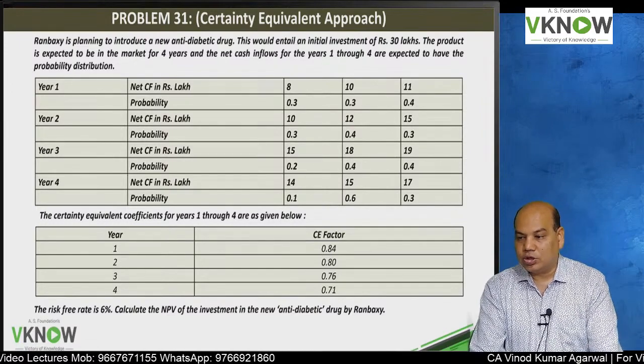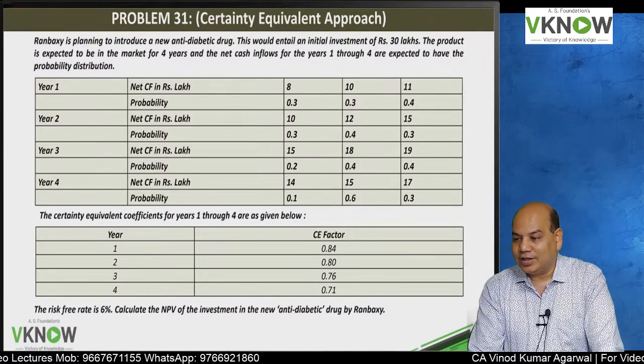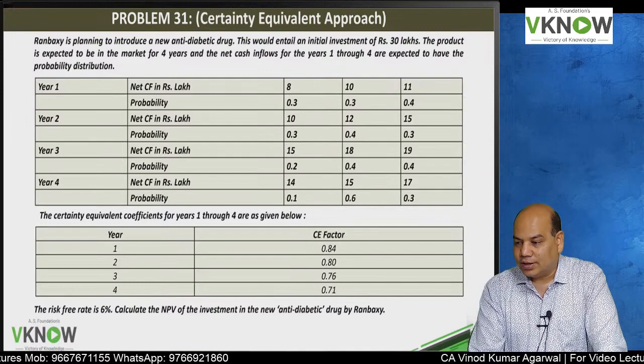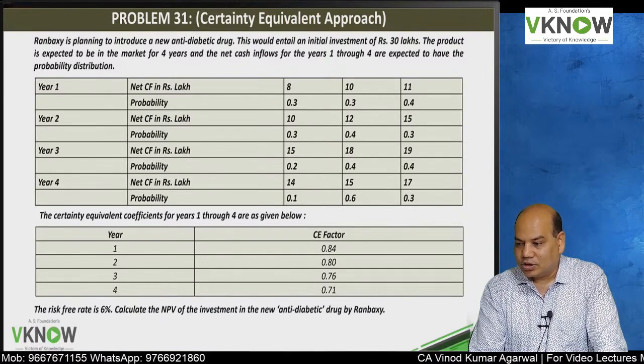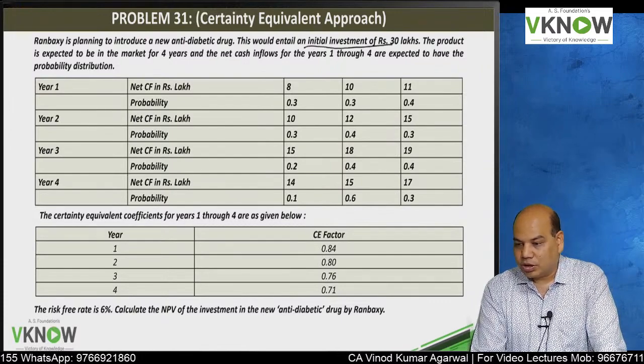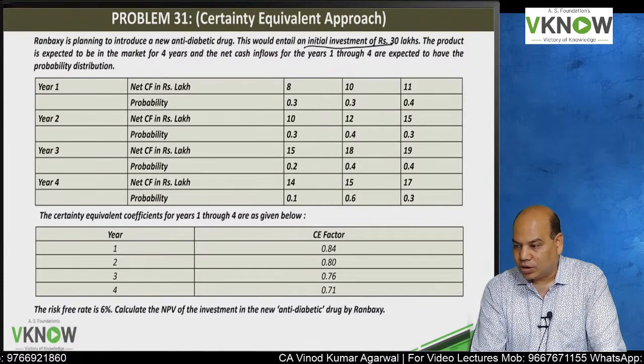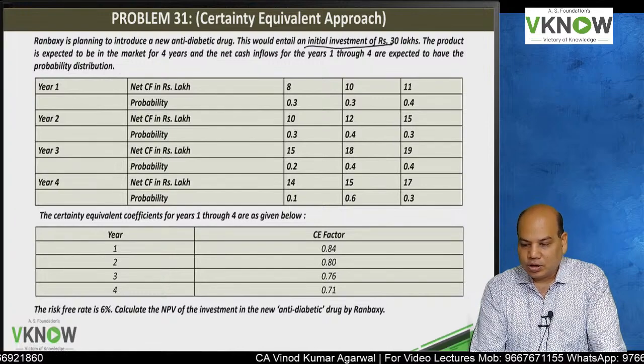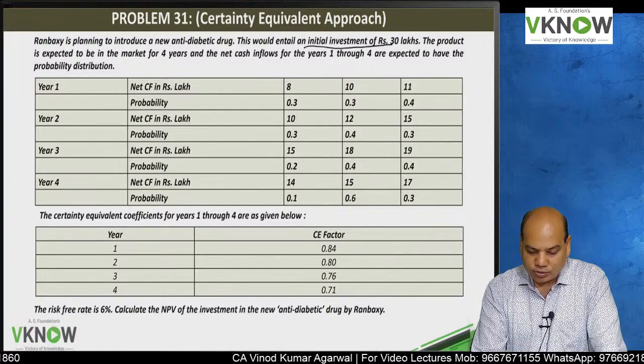Ranbaxy is planning to introduce a new anti-diabetic drug. This would entail an initial investment of rupees 30 lakh. The product is expected to be in the market for 4 years, and net cash inflows for year 1 through 4 are expected to have the following probability distribution.